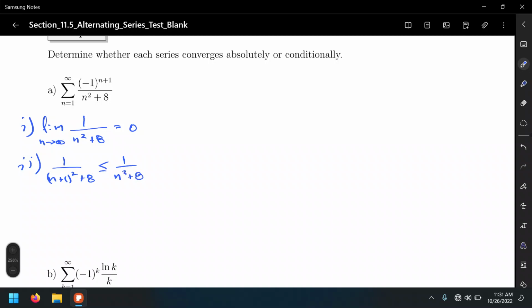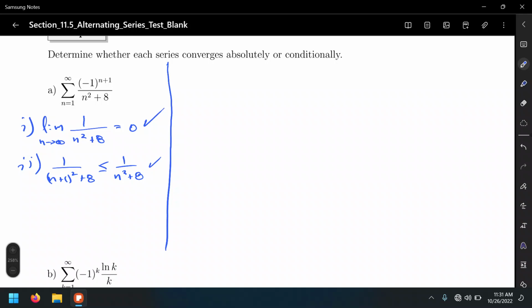Is that inequality true? Yes, it is, because that quantity that gets squared is increased by 1, so for sure that's going to give us a larger value in the denominator of the left hand side of the inequality, making the overall value smaller than indeed its right hand side. So this is true, this is true. We're good to go.